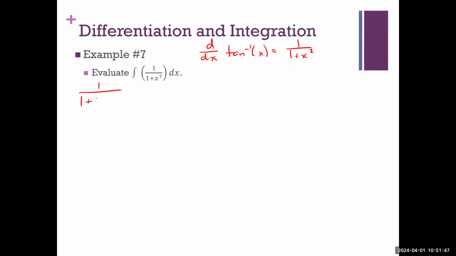One over 1 plus x to the 3.5 squared. That's true, right? Whether or not you were thinking this, you kind of set up a u substitution, right? If that's u, what's du?